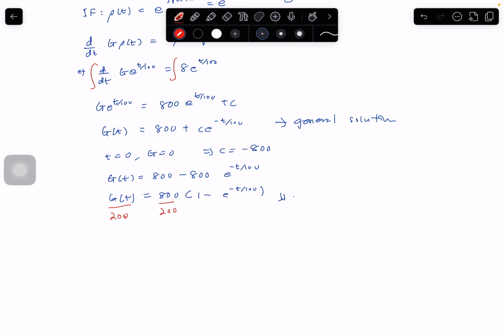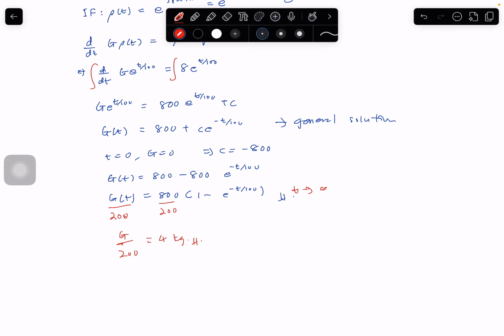When t goes to infinity, G over 200 is equal to 4. So this is 4 kilograms. Okay, so that is correct. This is when t goes to infinity.